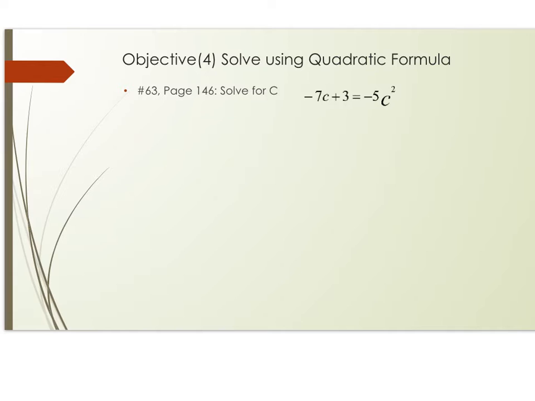So the idea here is if we have the form ax squared plus bx plus c is equal to 0, then solving for x, we have the following formula by completing the square, obviously. x equals negative b plus or minus the square root of b squared minus 4ac, divided by 2a.